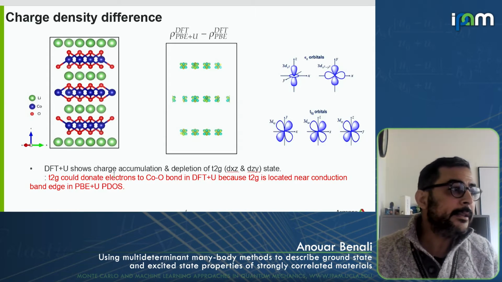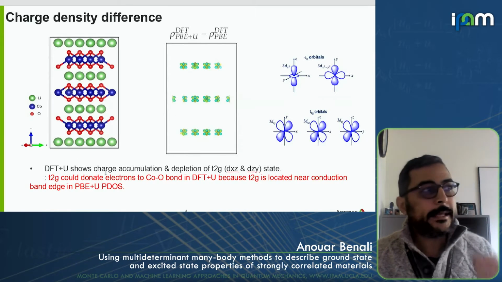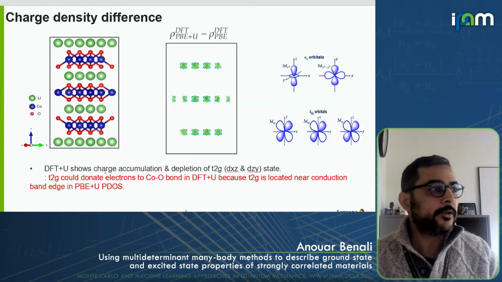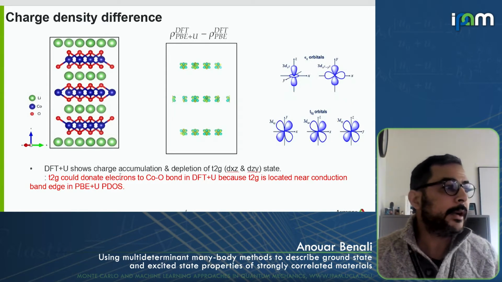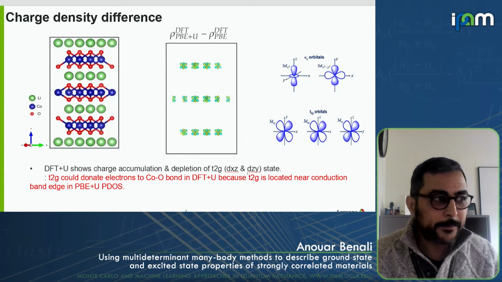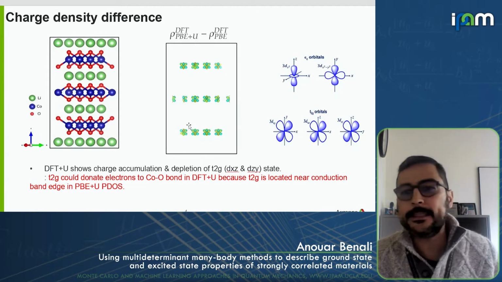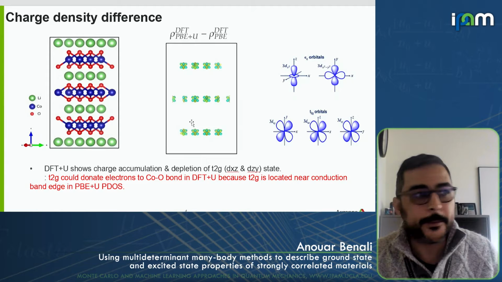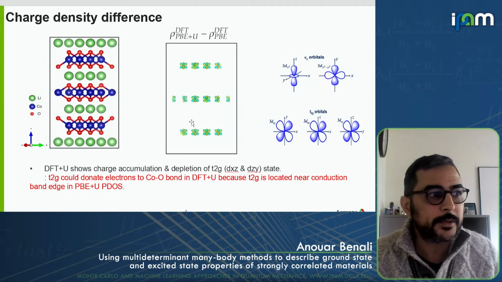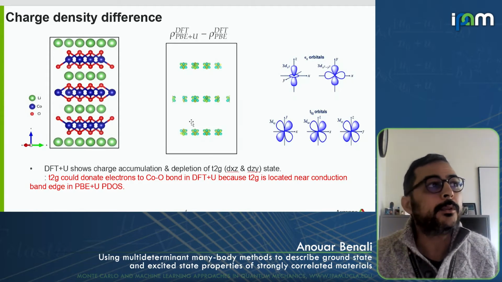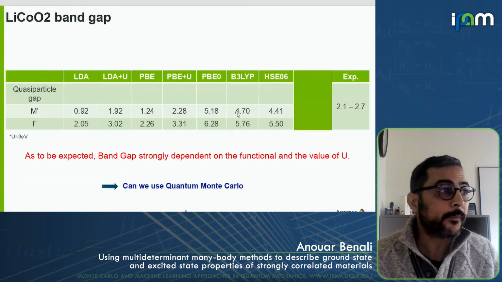We can see here that once we add the value of U by promoting the d electrons, we start to have charge accumulation and depletion of the t2g, the dxy, the dxz and the dyz states. Basically, we see that it is a sensitive effect on the charge density and the occupation levels once we start adding a value of U.